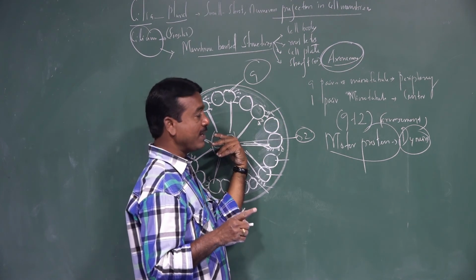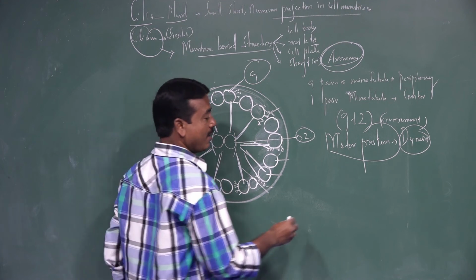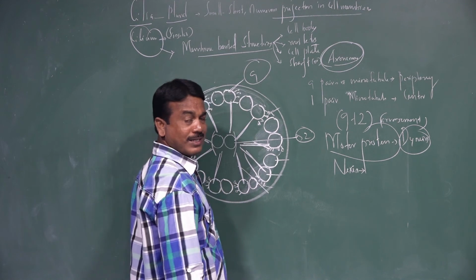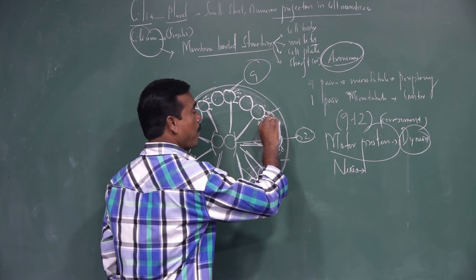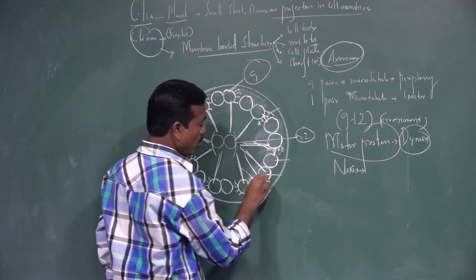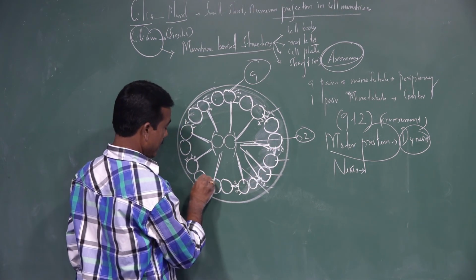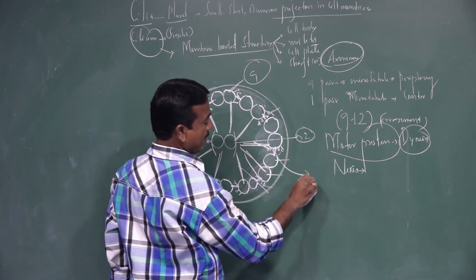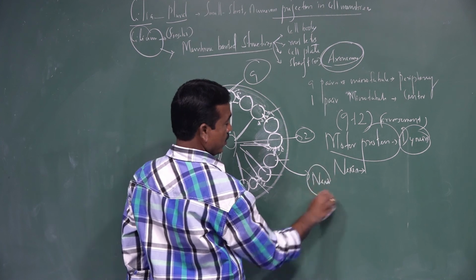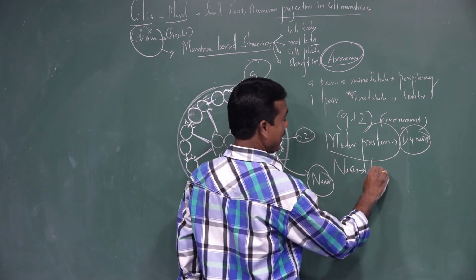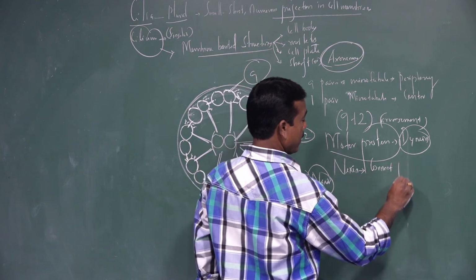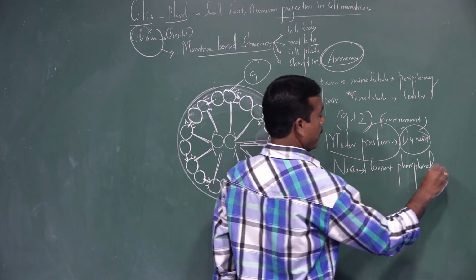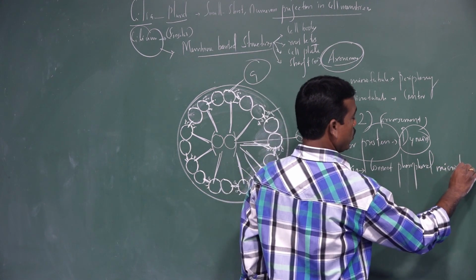The other one is called nexin. This is a protein compound that connects the peripheral microtubules alone. So nexin is responsible for connecting peripheral microtubules.